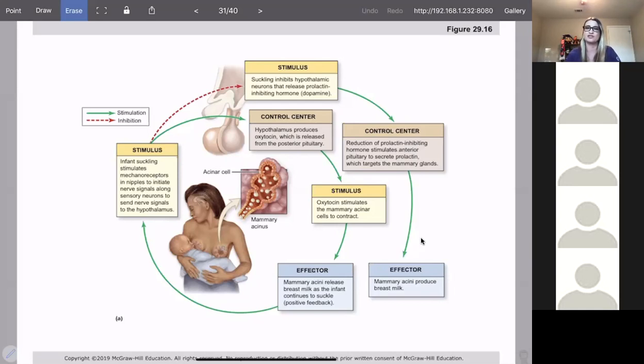I think about 2 months or so is when the mom's body and the baby's body get in sync. Breastfeeding is very much a supply and demand relationship, so the more the baby is drinking, the more the mom is going to produce, and this increases up until about 3 months, and then the breast milk composition will change.